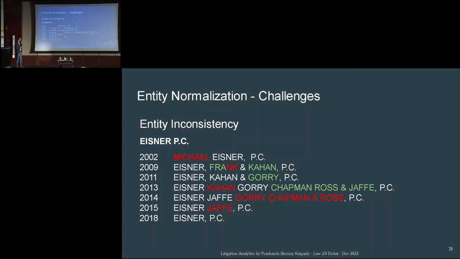In 2013, Kahan left. Chapman, Ross, and Jeffy joined. So you see the amount of changes that happen. The firm goes through a lot of changes, right? How do we represent this? I mean, detecting this is one thing, but how do we represent this? If you're looking up Eisner today, should all these change variations account for all the cases that have to be related?